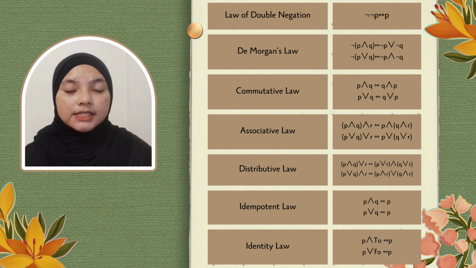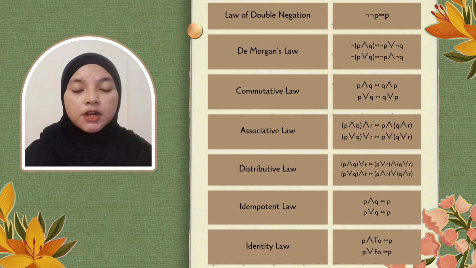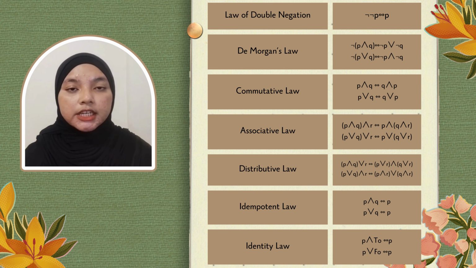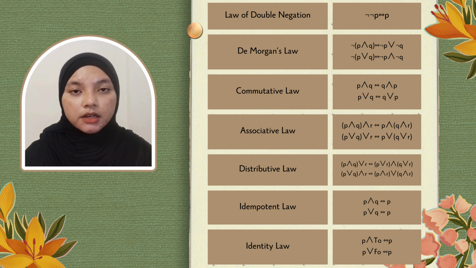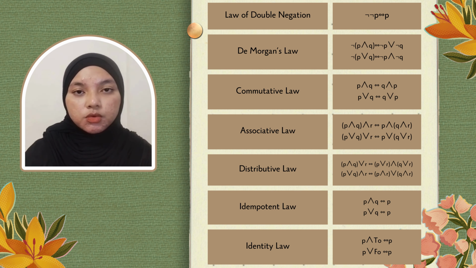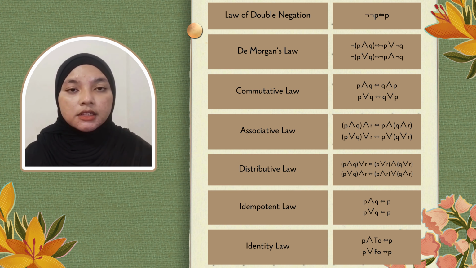The next one is associative law. For example, if we see in bracket P and Q and R, it will be equivalent to P and in bracket Q and R. Next is distributive law.